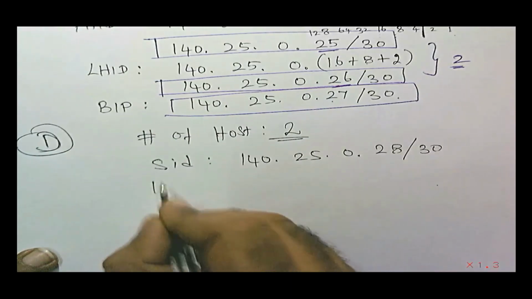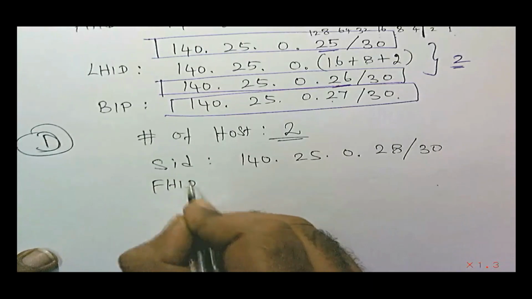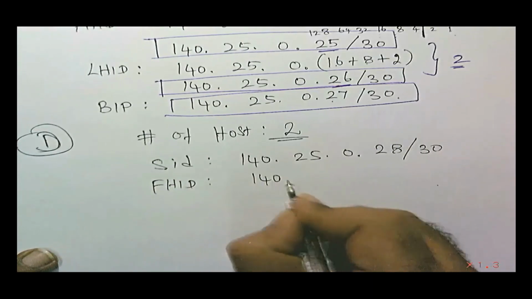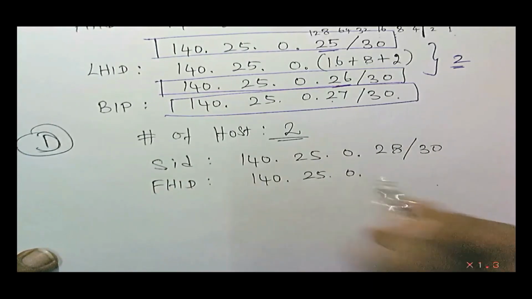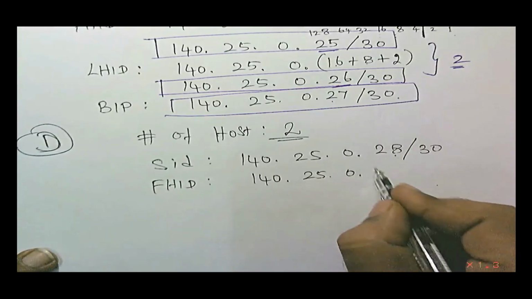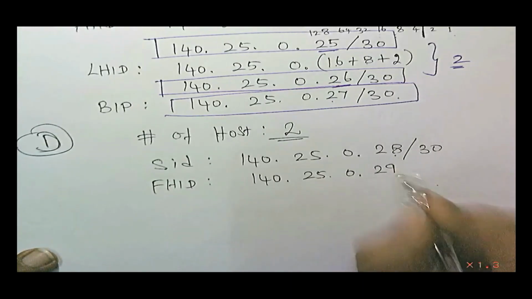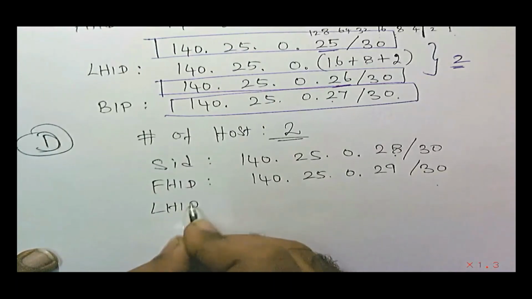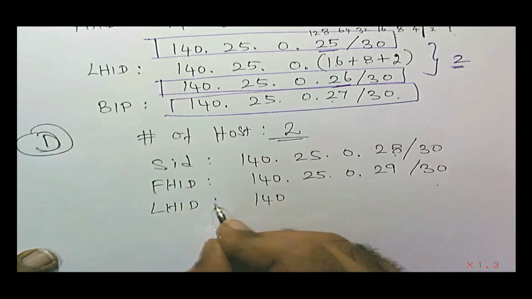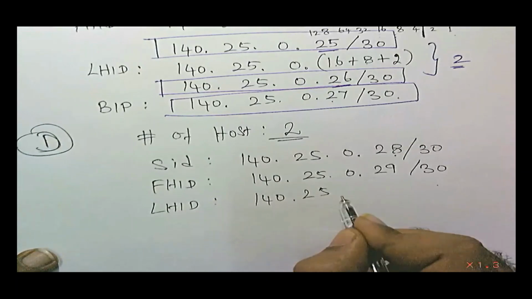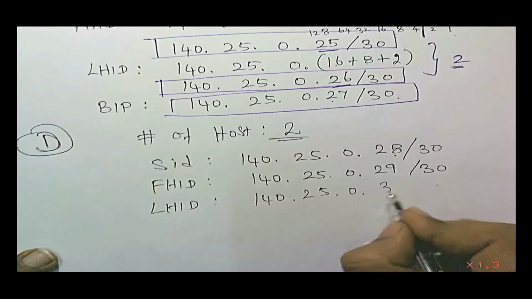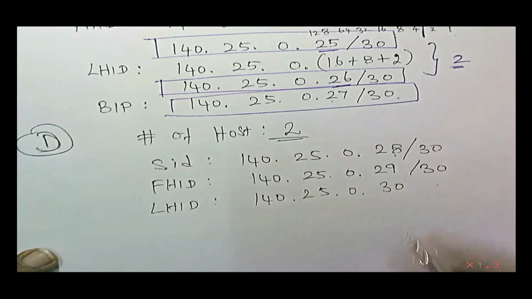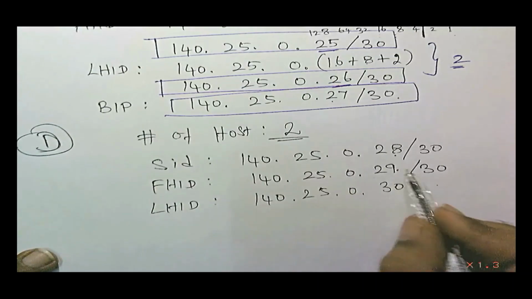Then the first host ID: 140.25.0, and with this I'm going to add 129, /30. Sorry, 29. The last host ID is 140.25.0.30, because only 2 valid IP addresses we are going to get, 29 and 30.